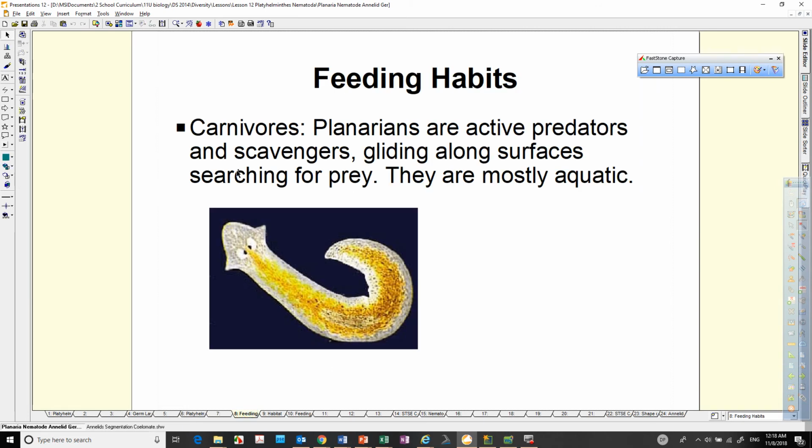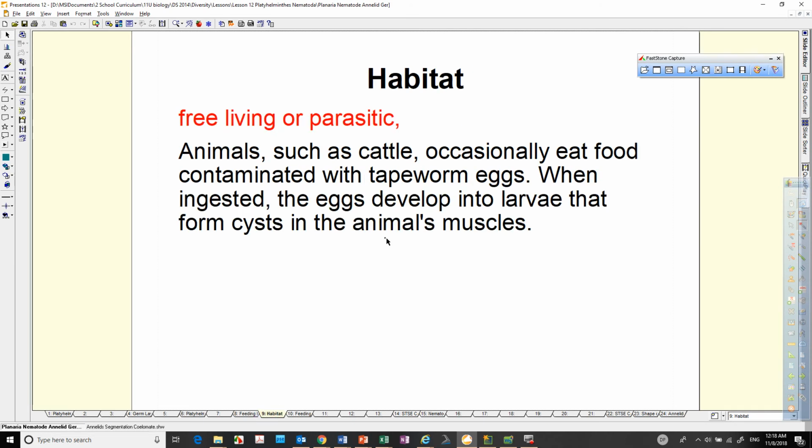They're carnivores. They eat other organisms. They eat meat. And when we bring the planaria in, we feed it liver. So we get liver from Sobeys, cut it up, it's a little bloody. They like that stuff. Your flatworms can live in hosts as a parasite, or they can live free in the soil or in the water, in fresh or salt.